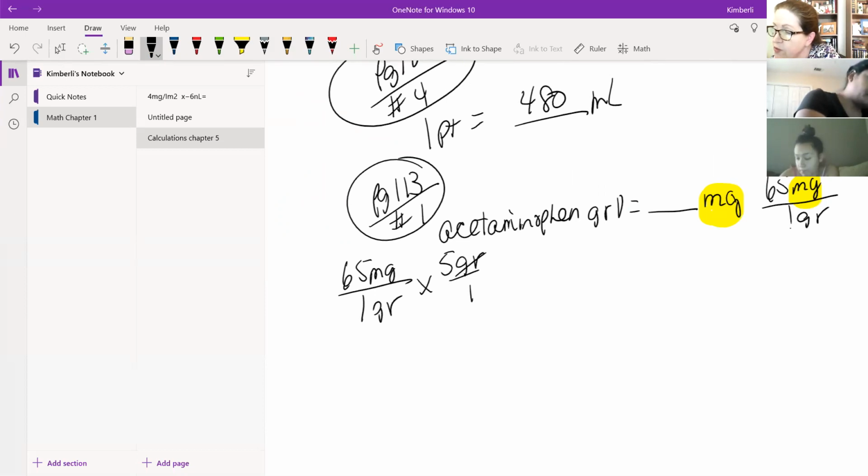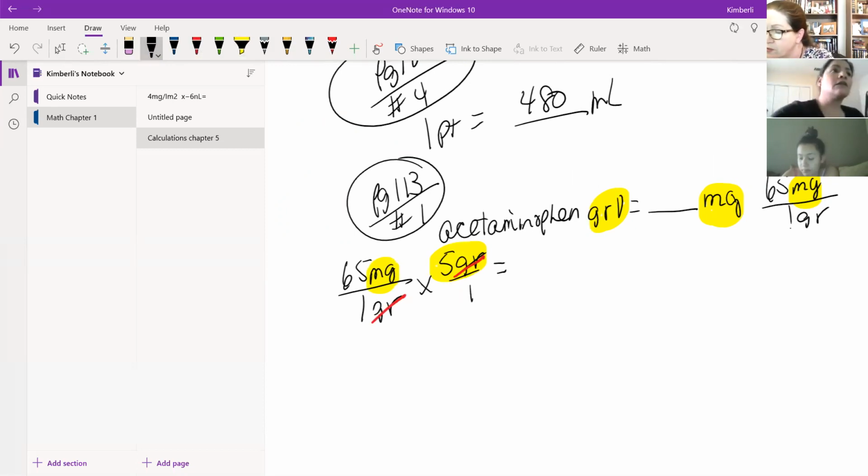Even though it's written using apothecary notation here, I'm going to change that to the notation we're used to, which is 5 GR instead of using Roman numerals, okay? And I want to know milligrams, so I'm going to put the milligrams on top. Now what I don't want is going to cancel out, which is the grains. They're going to cancel out.